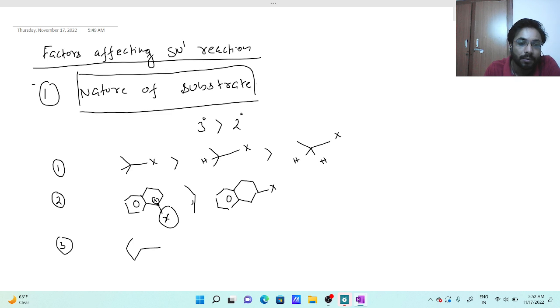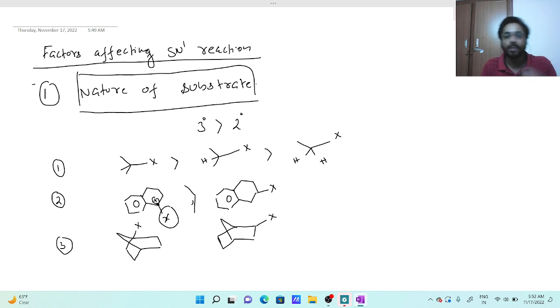Third one, let me give a few more examples. This is X. What do you think? Which carbocation generated will be more stable? Here X is on the bridgehead position, isn't it?